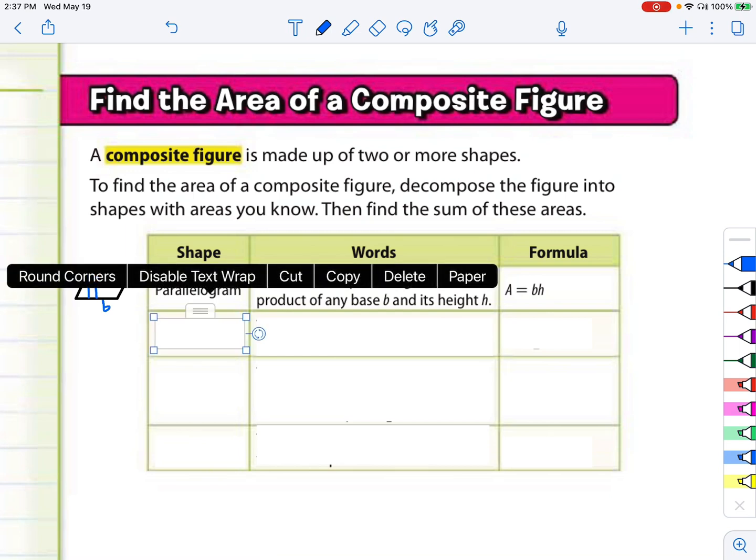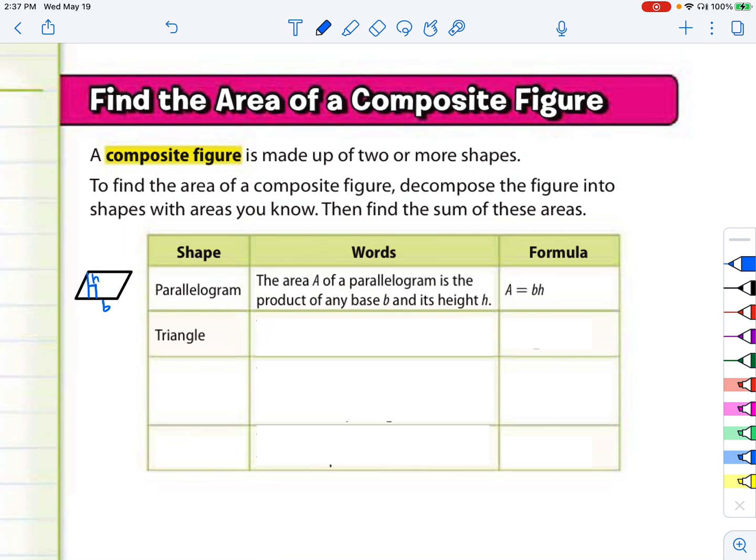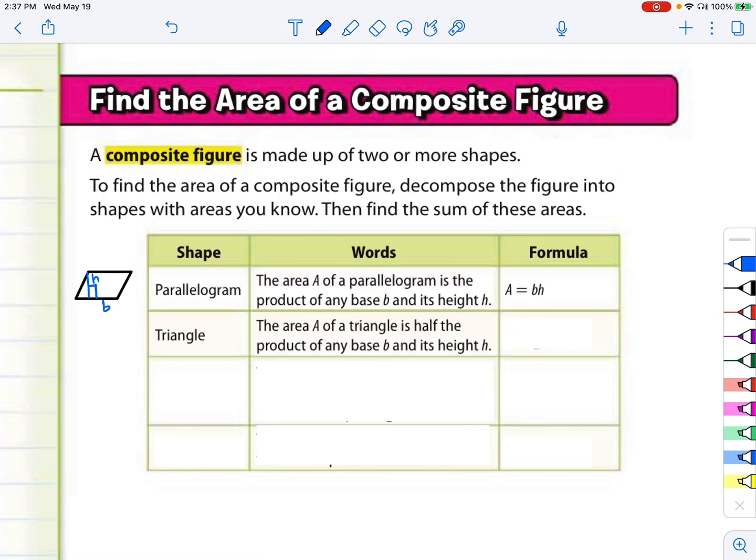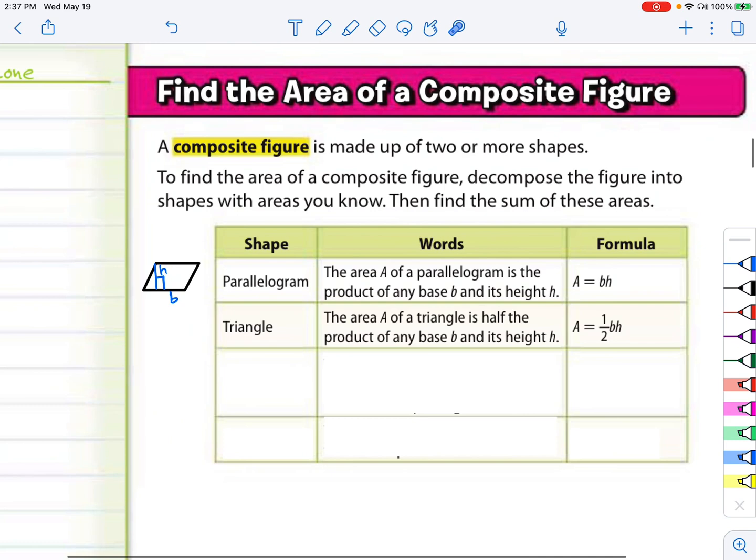So we multiply base times height of a parallelogram and we find the area. The next shape that we're going to talk about is a triangle. The area of a triangle is half the product of any base and its height, h. The formula for the area of a triangle is 1/2 base times height.